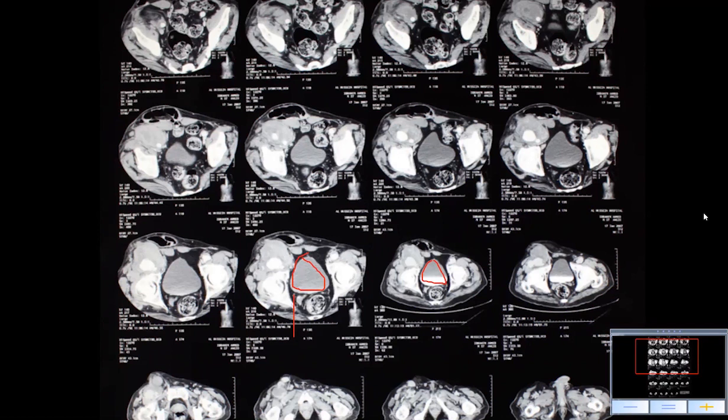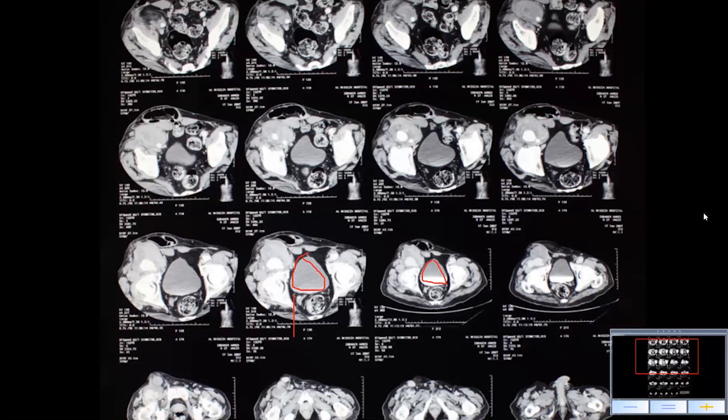It's external, sorry. External and extending into where? Which bone is it against? It's against the femur. So it's extending from the iliac to the common femoral.